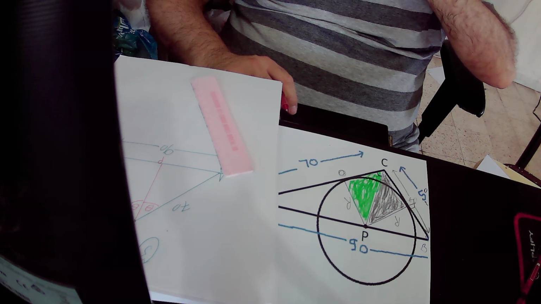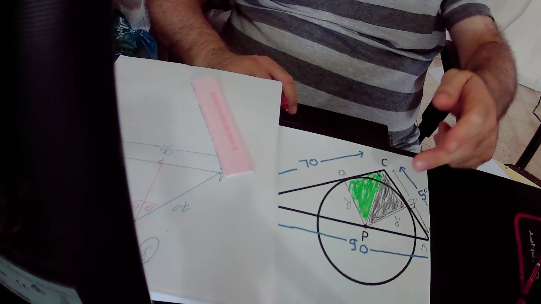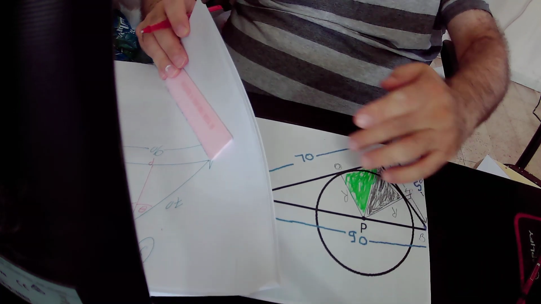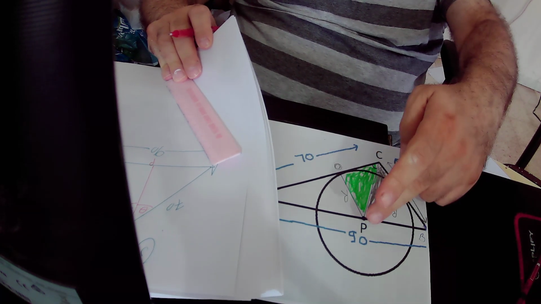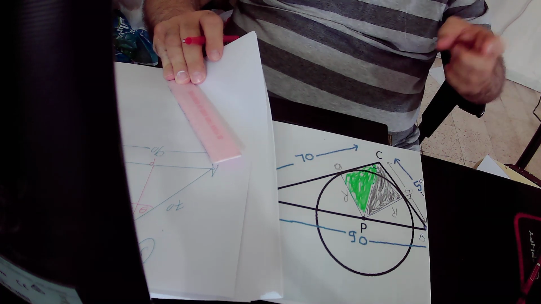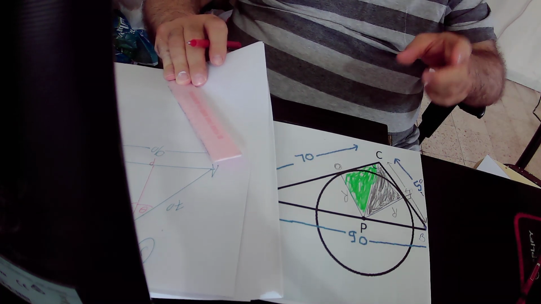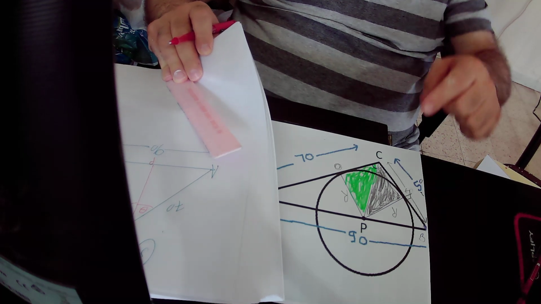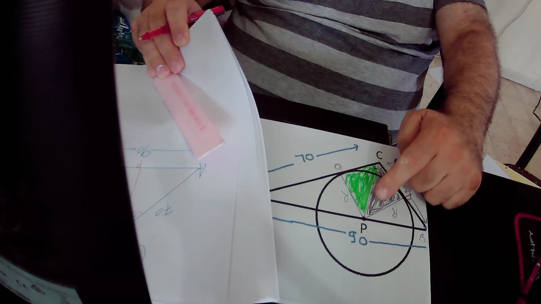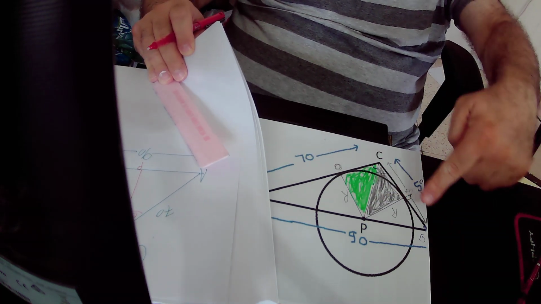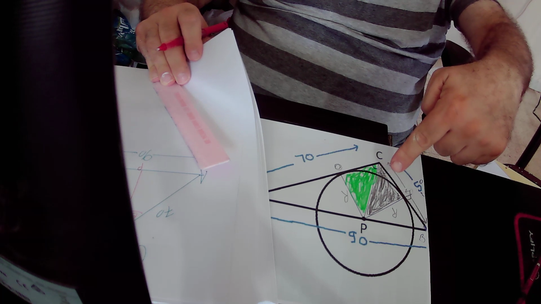Or you can see it as angle PCA, that is theta, equal to angle PCB, that is also theta, because those two angles are equal to each other.